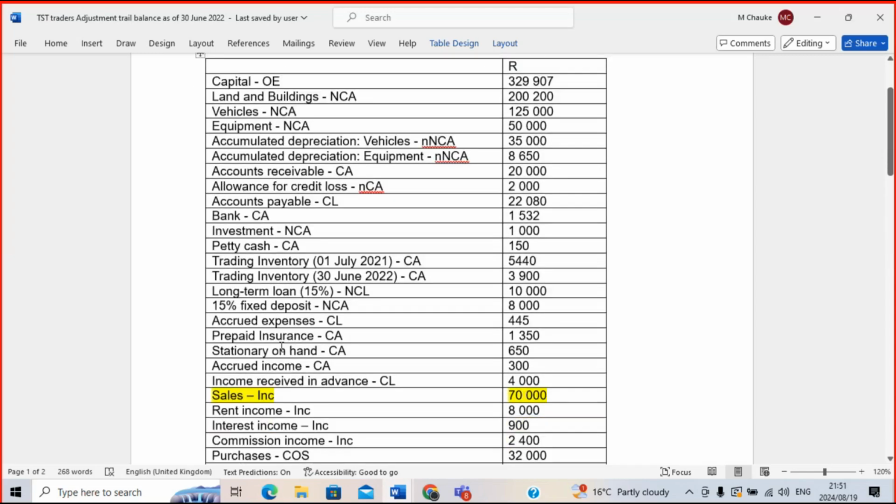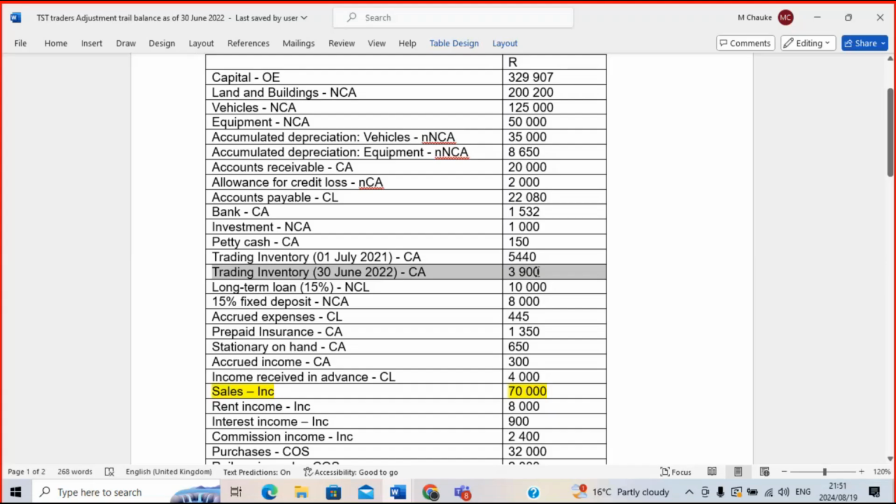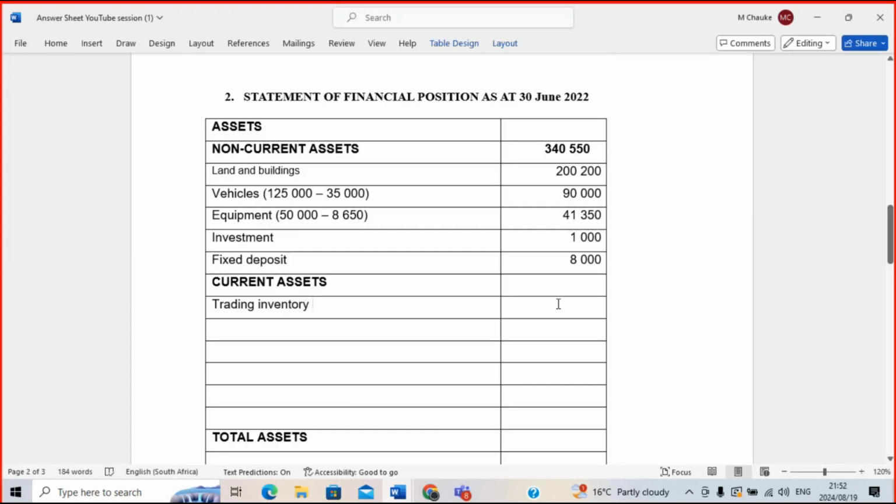The one at the end is this one of 3,900. This is the one we want, right? So we go into our answer sheet and say 3,900. That is our trading inventory on hand at the end of the year.